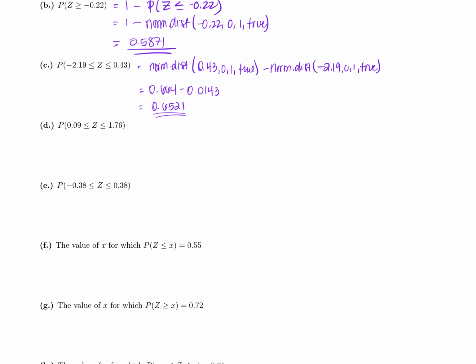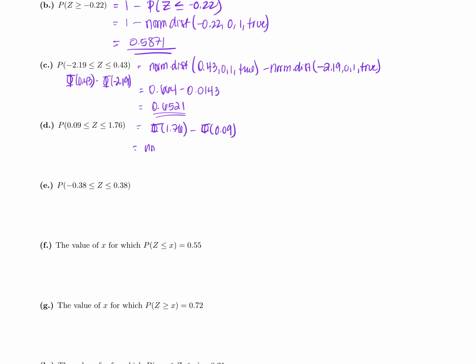So we can keep going. We have a few more of these. So our probability that z is between 0.09 and 1.76 would be our phi of 1.76 minus our phi of 0.09, which I think I forgot to write on the one above it. There you go. So this would be phi of 0.43 minus phi of negative 2.19. There we go.